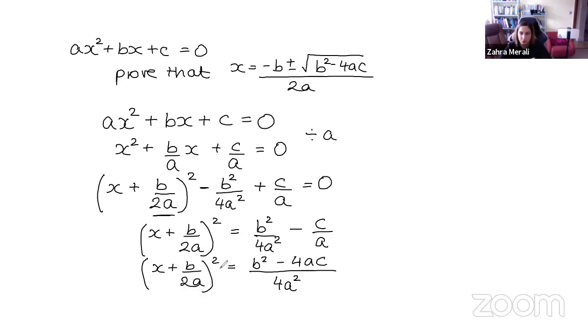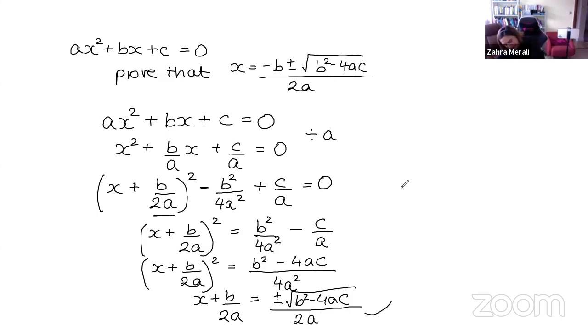Now I'm going to take the square root of both sides, which leaves me with x plus b over 2a equals plus or minus the square root of that top bit. When I take the square root of the bottom, the square root of 4 is 2, and the square root of a squared is a.